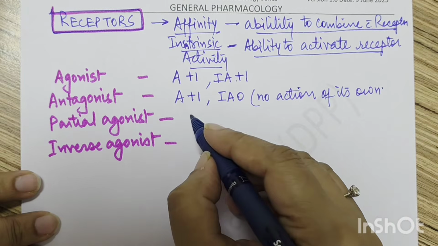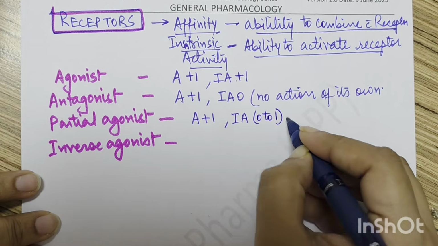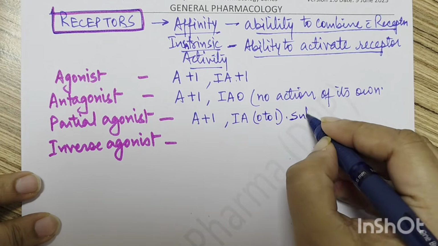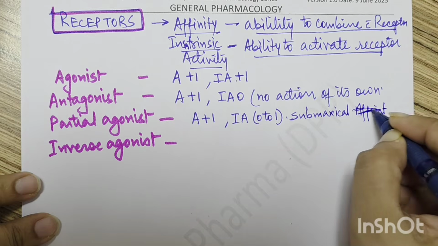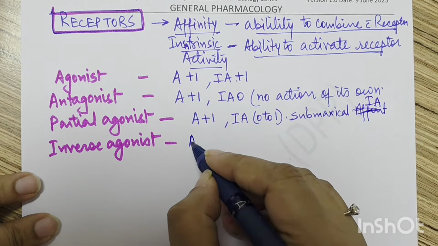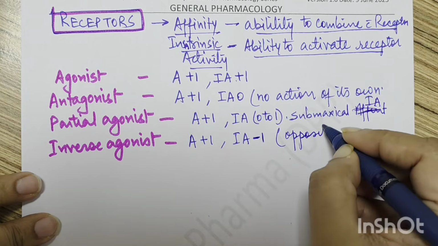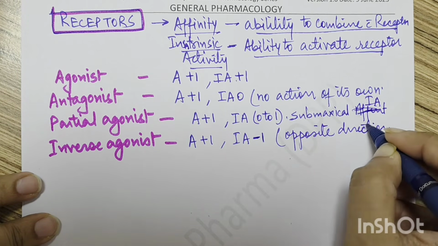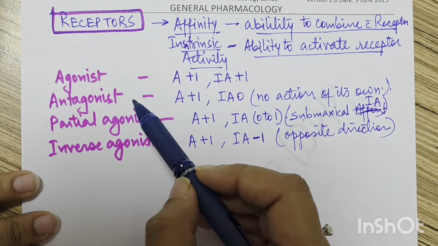Remember this. A partial agonist has affinity 1, but intrinsic activity between 0 and 1, so they have submaximal intrinsic activity. An inverse agonist has affinity, but intrinsic activity is in the negative direction, so they exert action in the opposite direction.